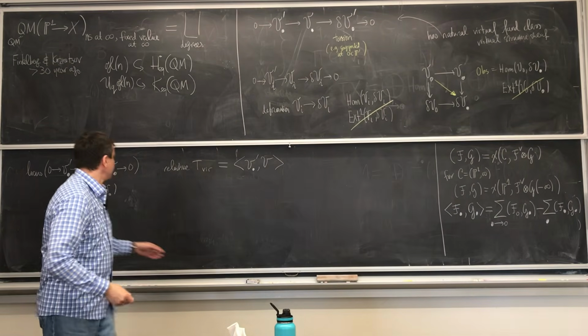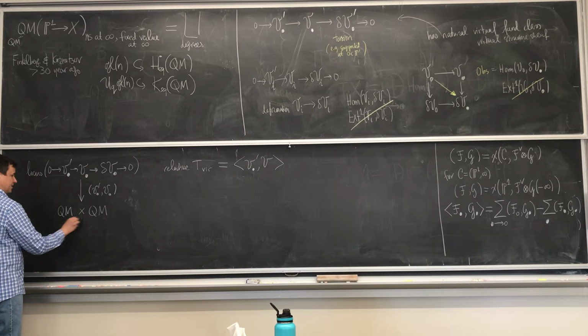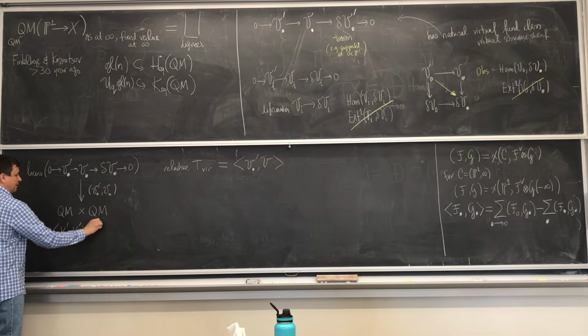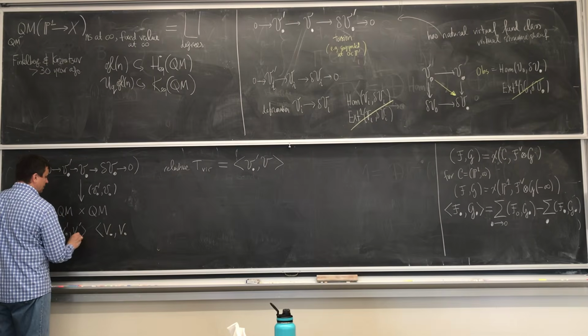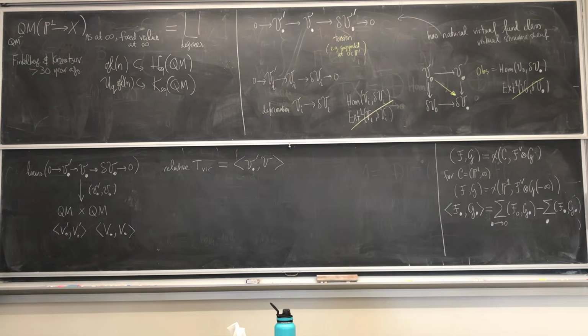So in other words, here the tangent space is V prime V prime. Here it's V V. And the inclusion is just that kind of slightly asymmetric thing.